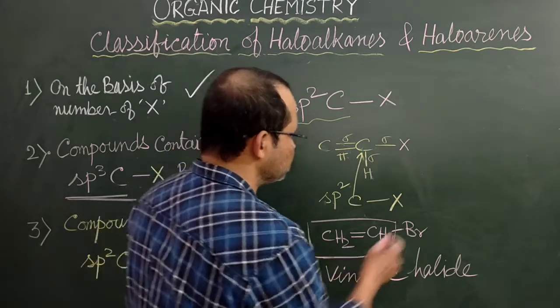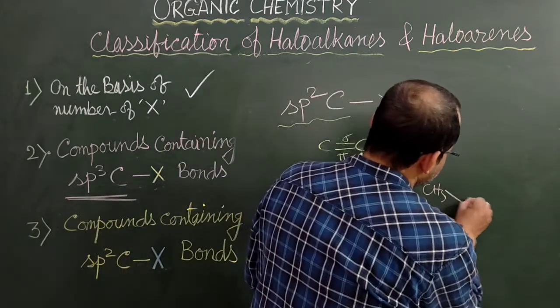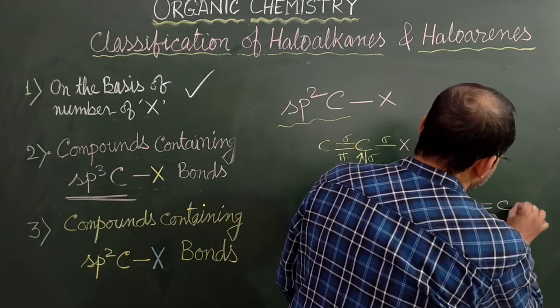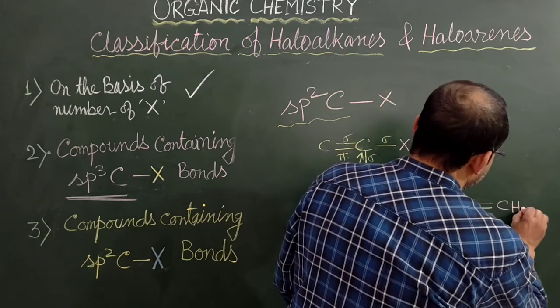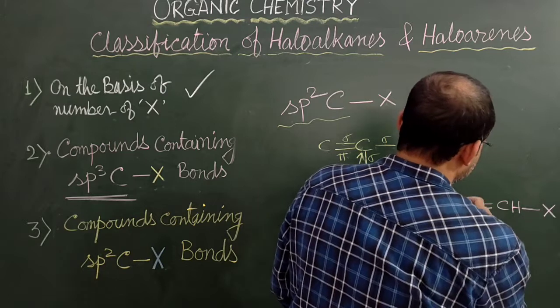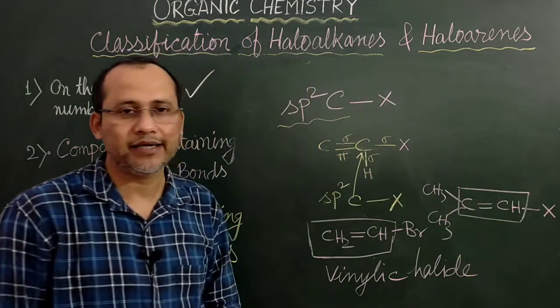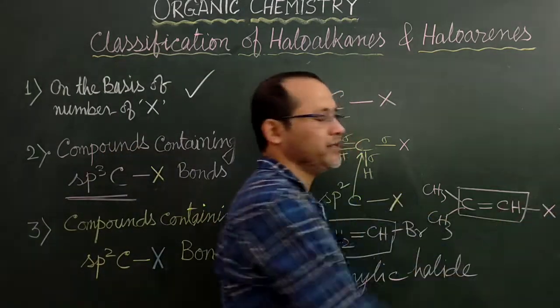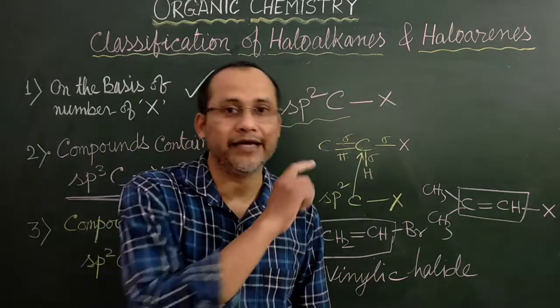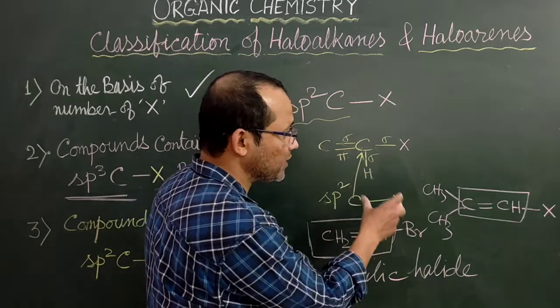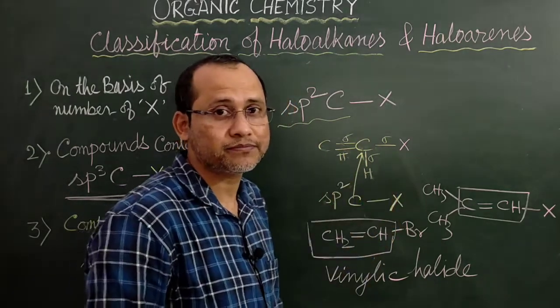So let me show this one also, CH3 double bond CH, and then anything else here. Due to the presence of this, the compound will be vinylic, and due to the presence of halogen, it will be vinylic halide. Again, like the other case, we shall discuss another cyclic structure also.